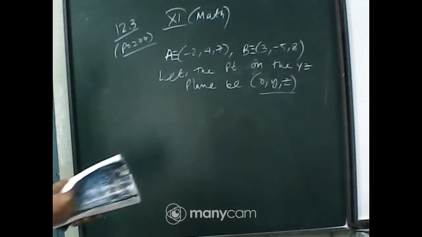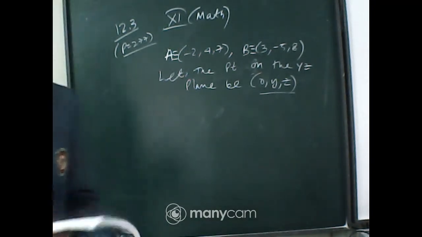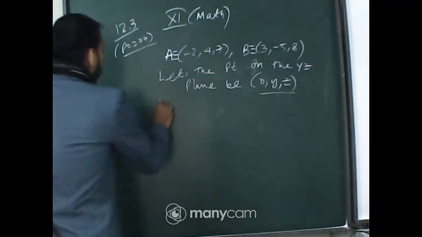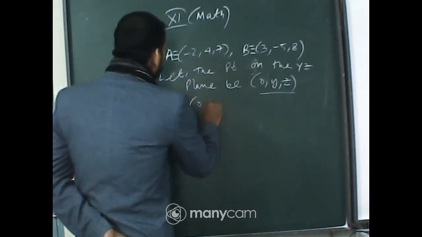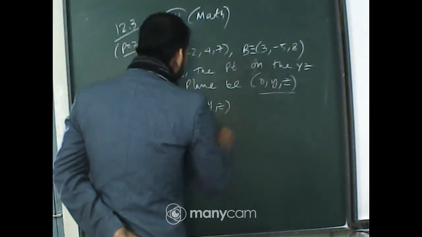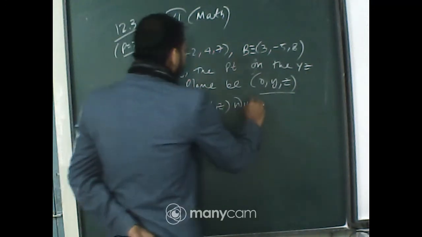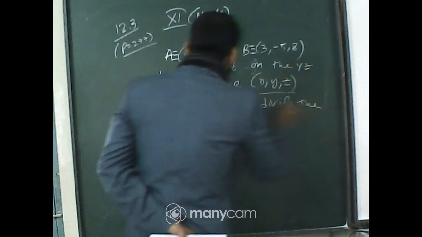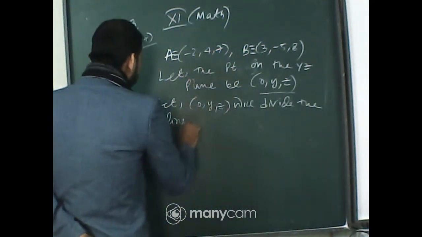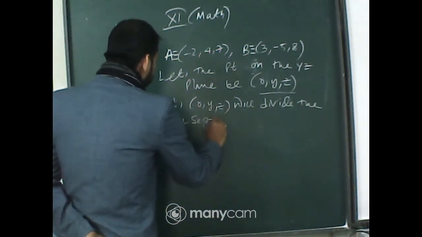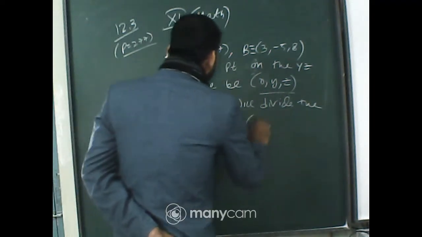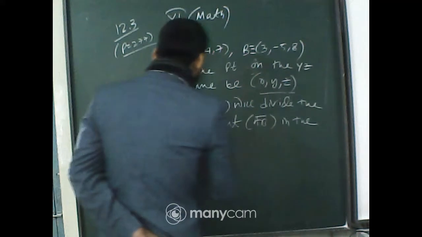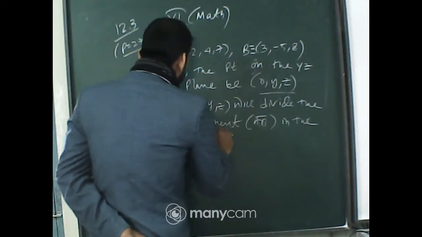Now we will take the ratio. Let 0, y, z divide the line segment AB in the ratio k is to 1.